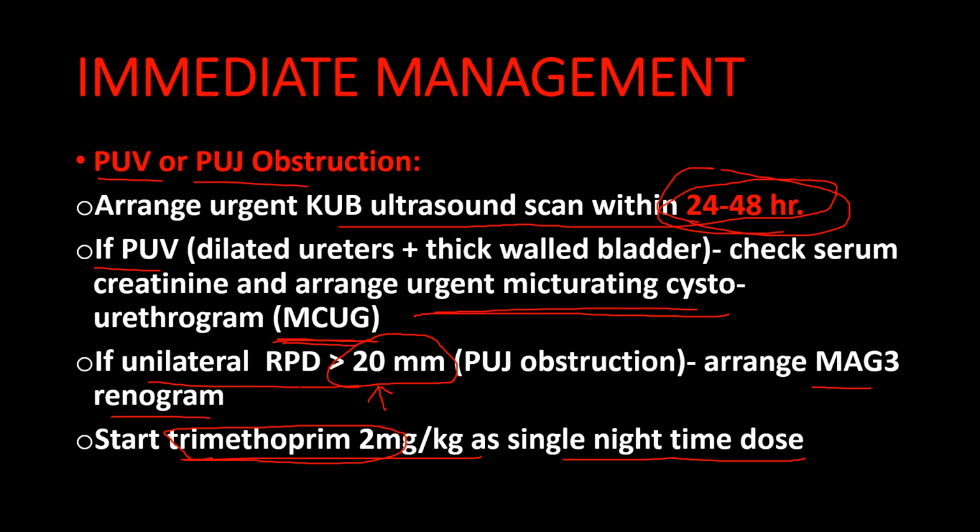After that, all non-urgent cases need a renal ultrasound scan at the age of 2 to 6 weeks, and then you will give an appointment. This is very important, which I am telling you for the communication scenario in the exam. If you find that it is non-urgent, say 7 mm of RPD dilatation, you will not tell them that we will do all investigations.